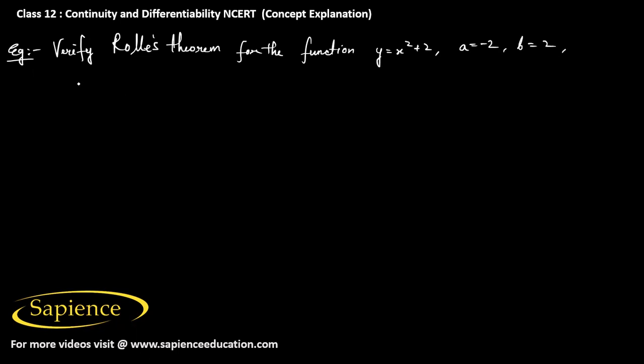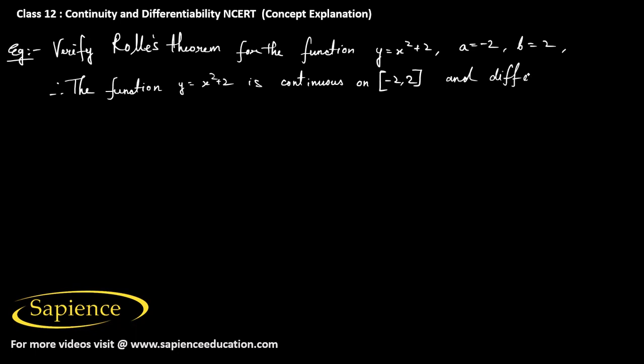Now here we can see that the function y equal to x square plus 2 is continuous on the closed interval -2 to 2, and it is also differentiable in the open interval -2 to 2.